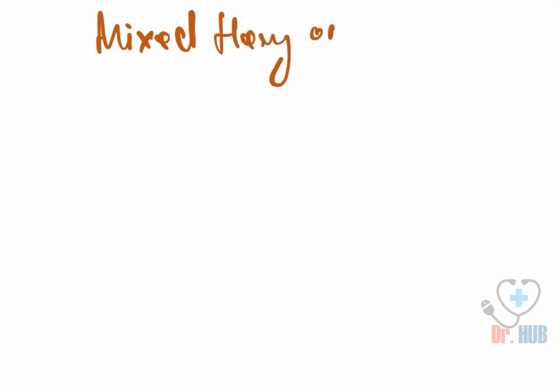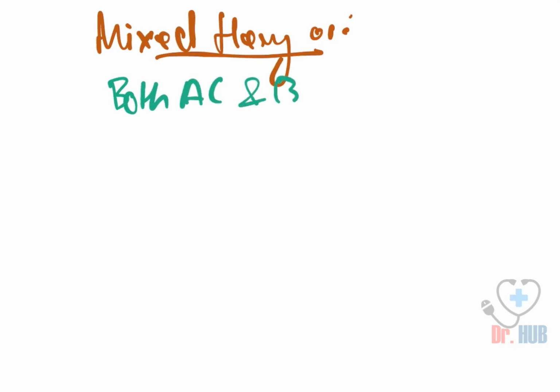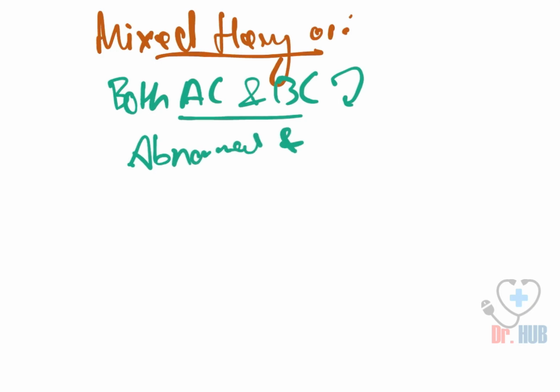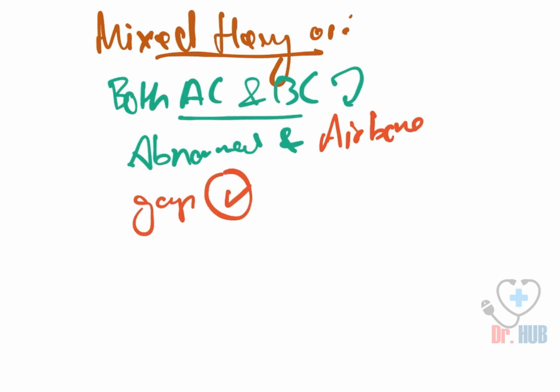Next we move on to the mixed hearing loss. In case of the mixed hearing loss, both the AC and the BC are abnormal, and the air-bone gap is present.